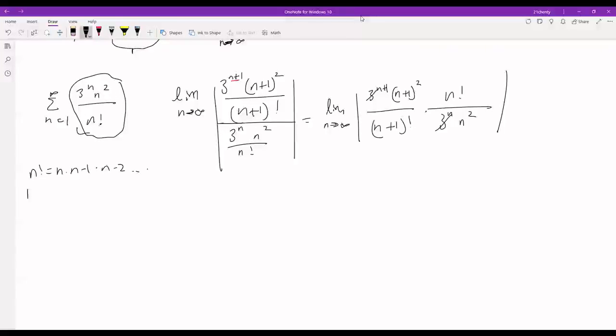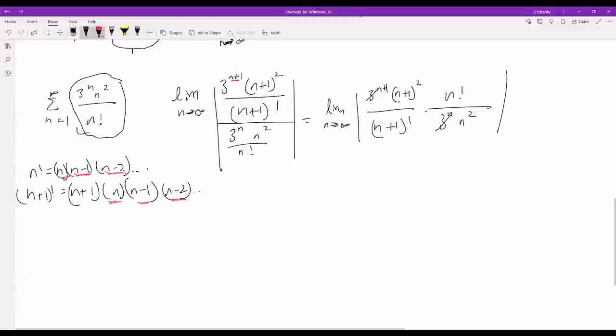And n plus 1 factorial equals, I'll do parentheses to make this a bit more clear, n plus 1 times n times n minus 1 times n minus 2, etc. So these are all the same terms, right? This corresponds with this, corresponds with this, corresponds with that.